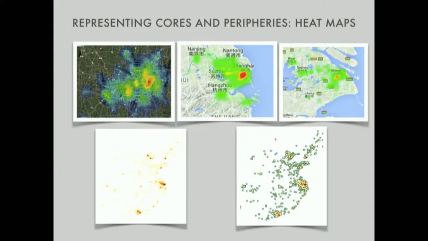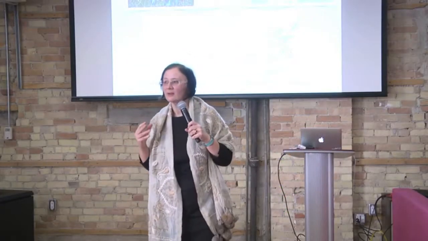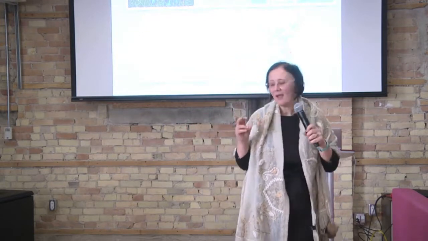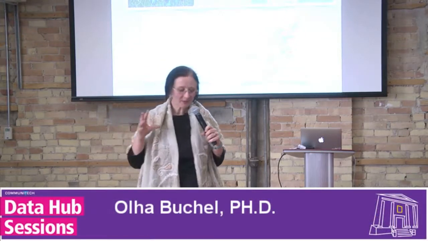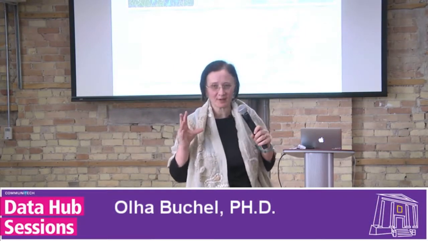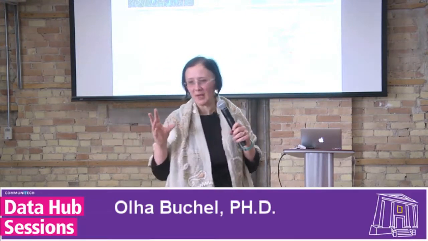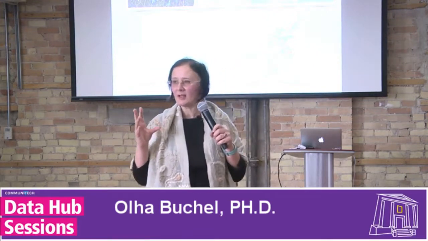So once we were done with the exploratory analysis, and once we came up with the hypothesis that there is probably something going on with the cores and peripheries, we decided to find the proper representation for cores and peripheries. And it's interesting that many map APIs now offer various techniques to represent heat maps, to represent density of certain objects on the map.